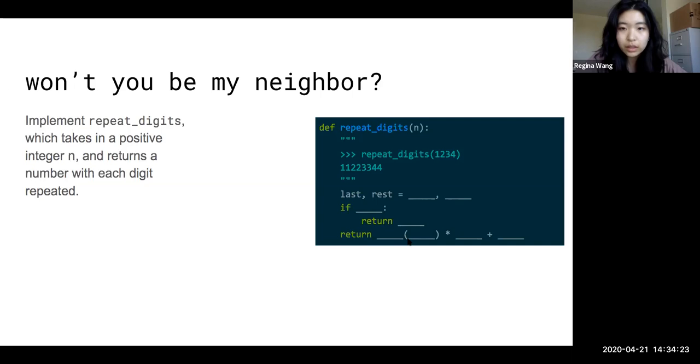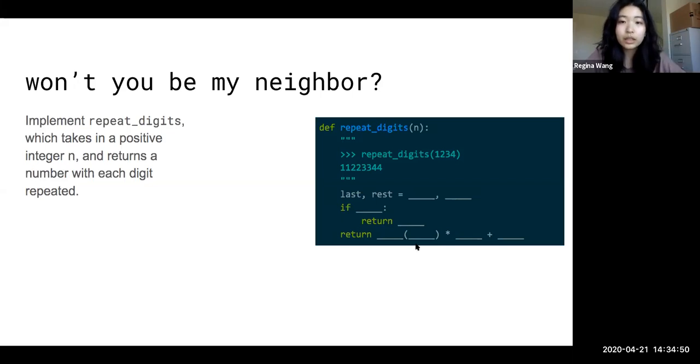In the last return line, there are these parentheses, which tell you you're going to be doing a recursive call, and you know what function you're calling because it's a recursive function. So you would just put repeat digits in this spot, and that's already taking care of one of the blanks for you.